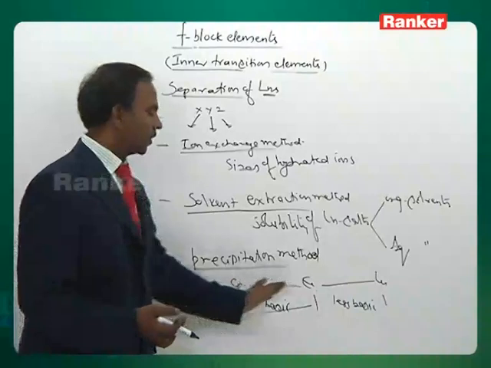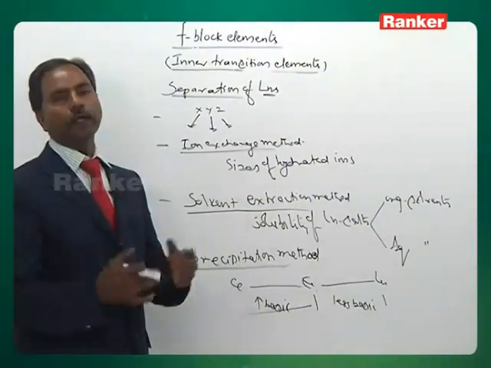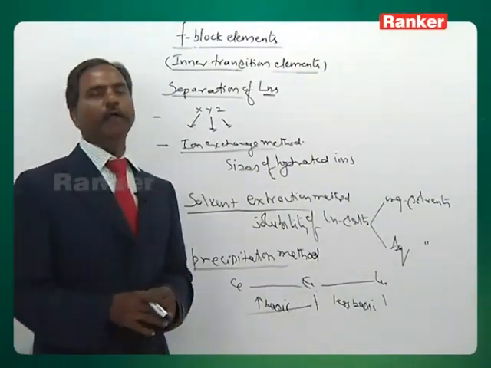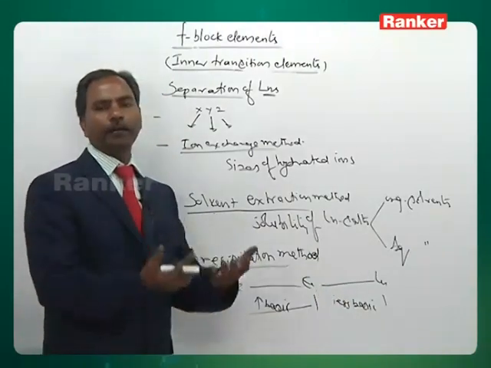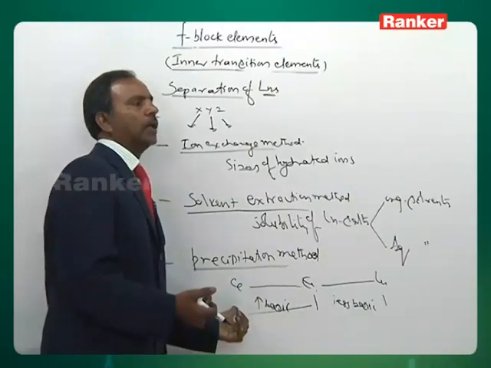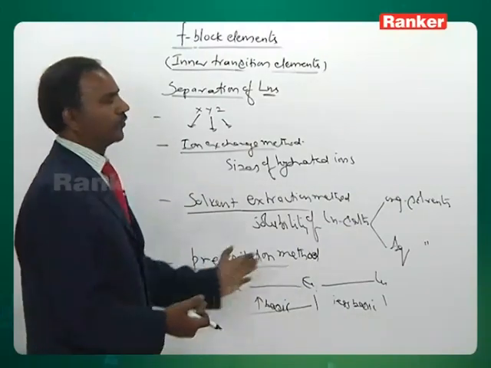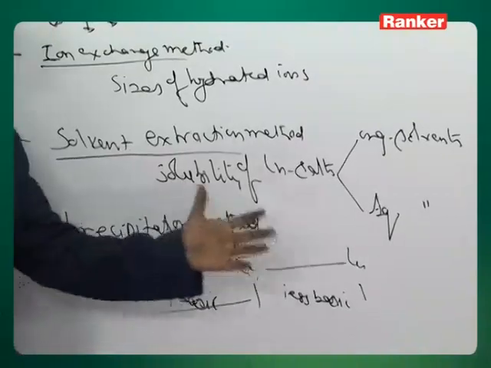So this method is based on the rate of precipitation of hydroxides. Accordingly, we can separate one lanthanide from the other.